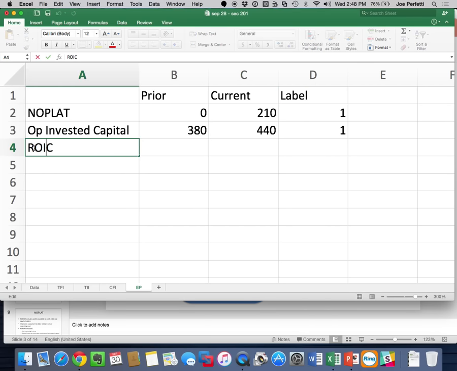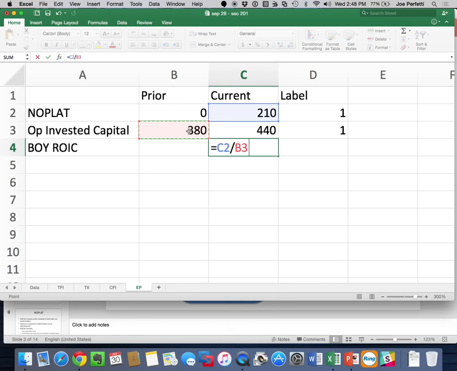Now, I'm going to ask you to do something called BOY ROIC. BOY stands for beginning of year, as opposed to EOY, which would be end of year. This is going to be very important for you getting credit on the assignment. So, beginning of year ROIC equals current year NOPLAT divided by previous year's invested capital.